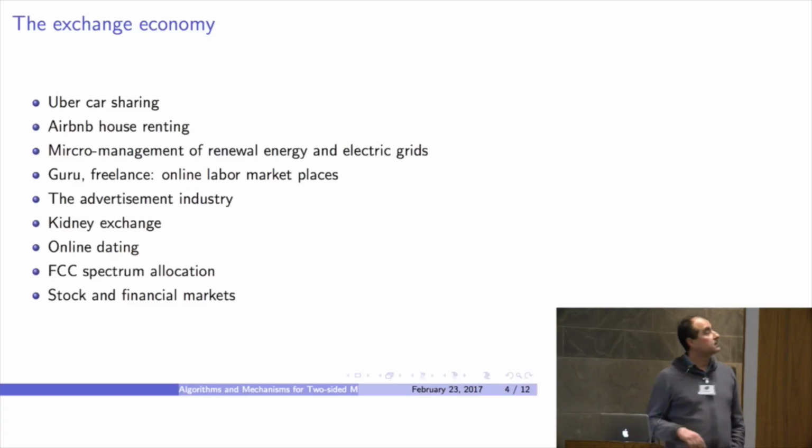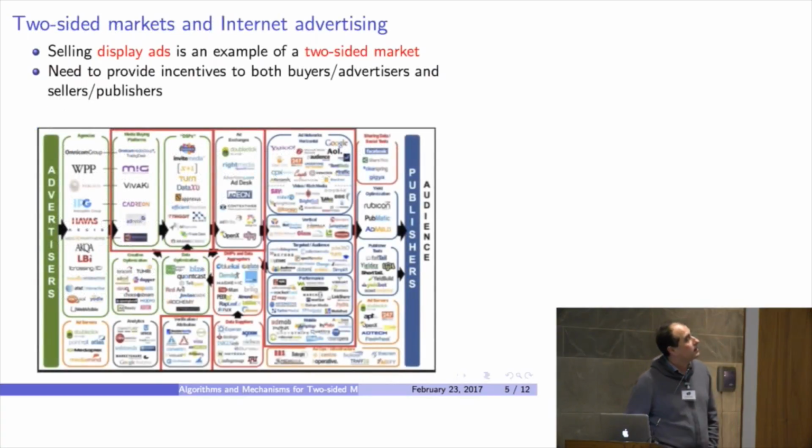These are very complicated systems. For example, this is a picture of all the companies involved in the display ads market. This is a two-sided market with advertisers on one side and publishers on the other side. It is formed by about seven layers with tens of companies working in each of these layers.